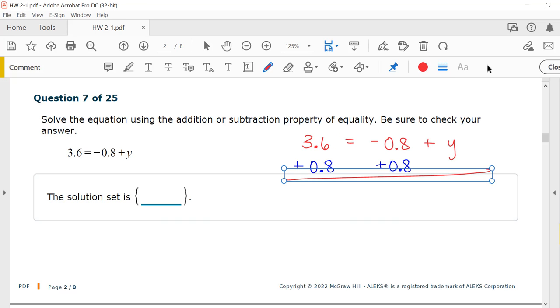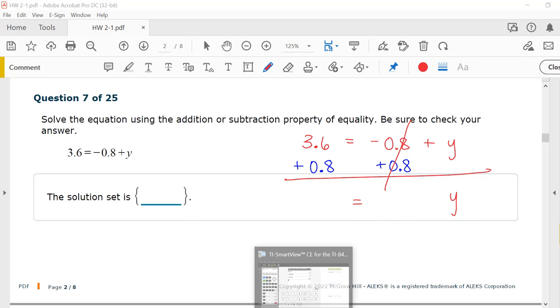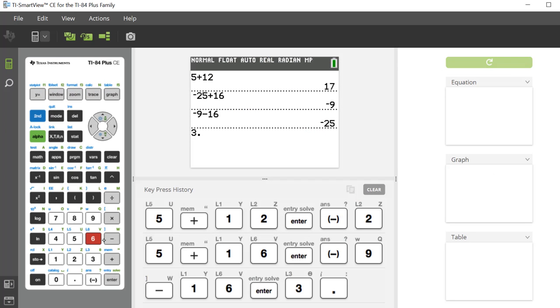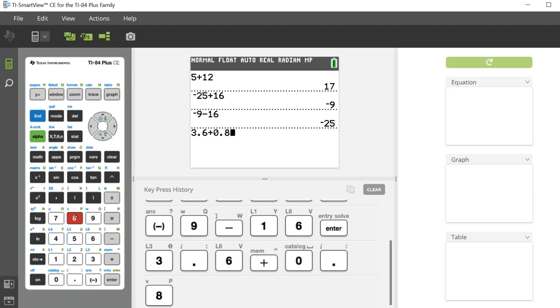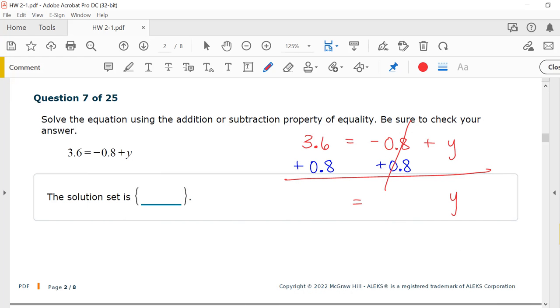When I do that, negative 0.8 plus 0.8 goes away. All that remains on the right of the equal sign is y. Now use your calculator. 3.6 plus 0.8. Let the calculator do the arithmetic for you. Your answer is 4.4. So the solution set is 4.4.